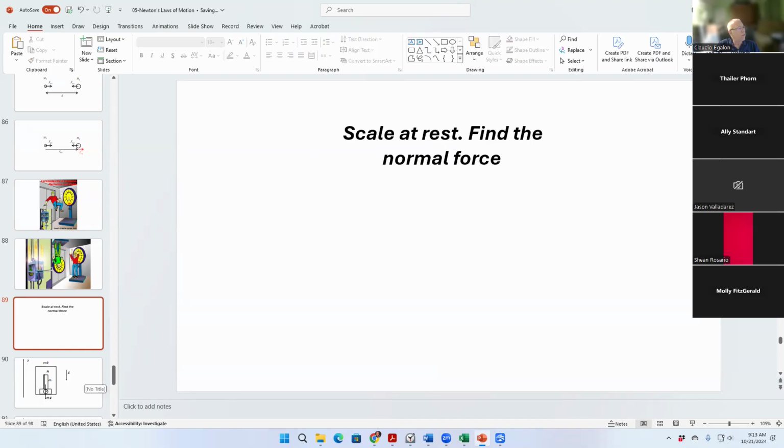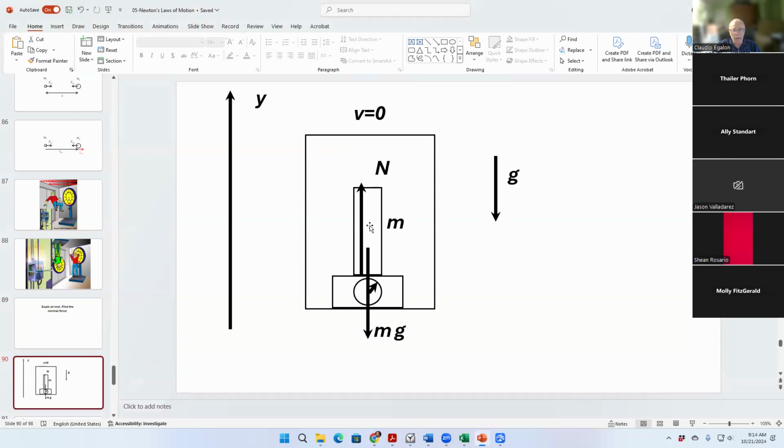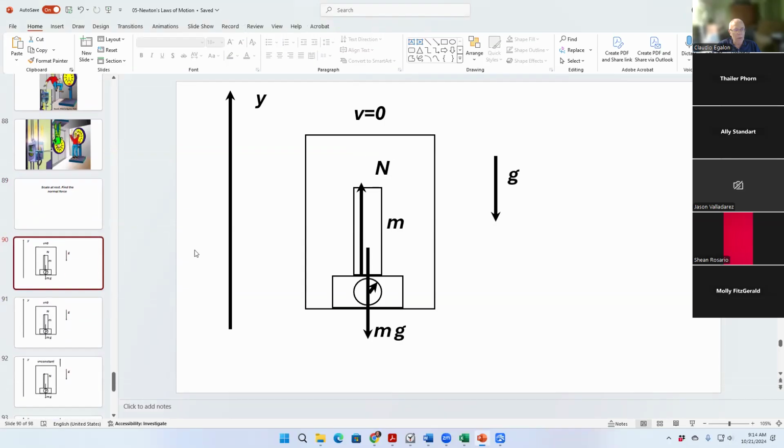Find the normal force. The situation is like that. So this guy is on top of the scale.